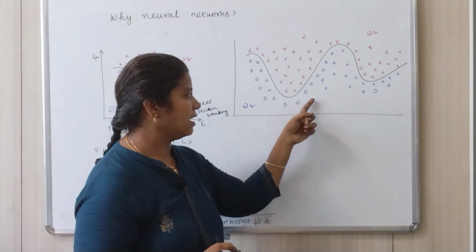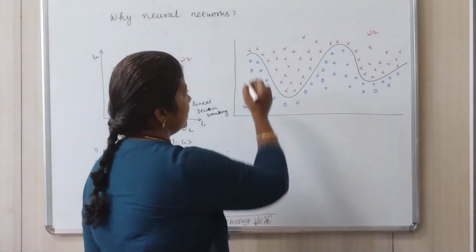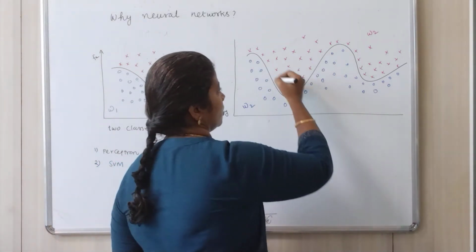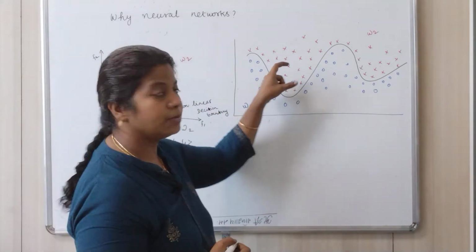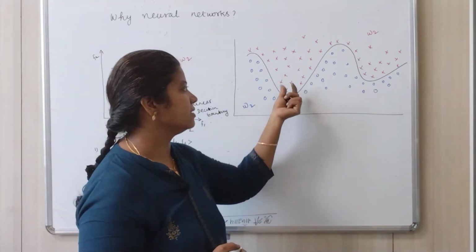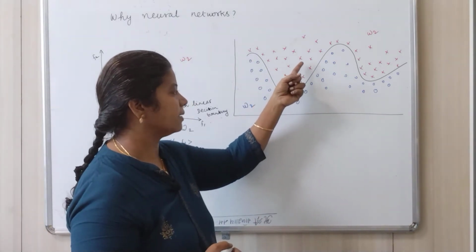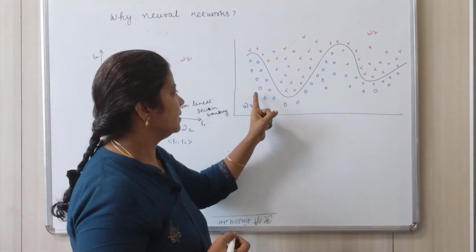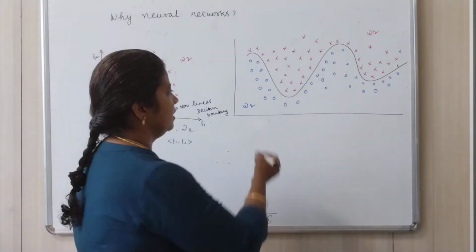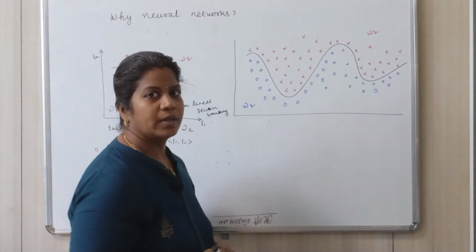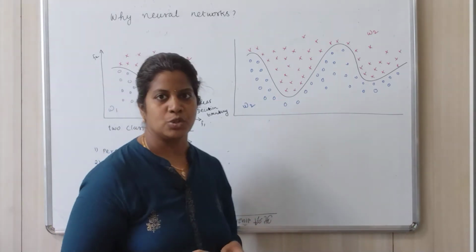But let us have a look at this example. Here we can see that the non-linear decision boundary is so complicated, yet it is able to separate these two given classes: the samples taken from the oranges are marked in red, and the samples taken from banana or some other class, or apple, are pointed in blue. Having an analytical expression for such a complicated decision boundary is too complex.